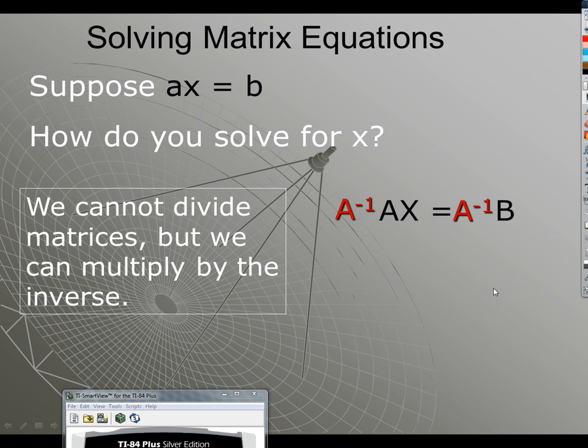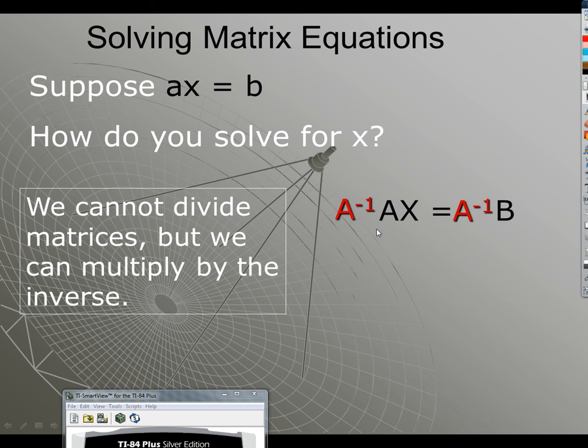So if I multiply both sides by the inverse of A, but now remember what we said a couple days ago about matrices with multiplication. The order matters. Matrix multiplication is not commutative. Matrix A times matrix B is not the same thing as matrix B times matrix A in general, right? So I'm going to multiply from the left on both sides.